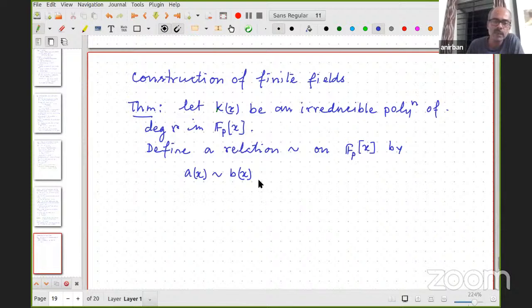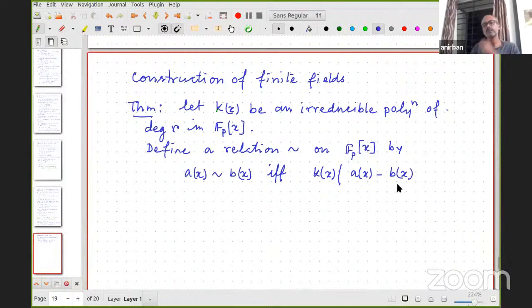So a(x) is related to b(x) if and only if, that's how we are defining, k(x) divides a(x) minus b(x). So just congruence with polynomials. Then this turns out to be an equivalence relation, and the set of equivalence classes is going to form a field. That's what we want to say. We prove it. So let me make the statement.